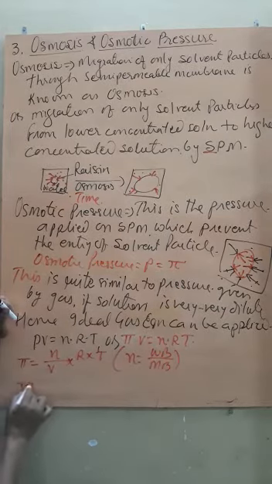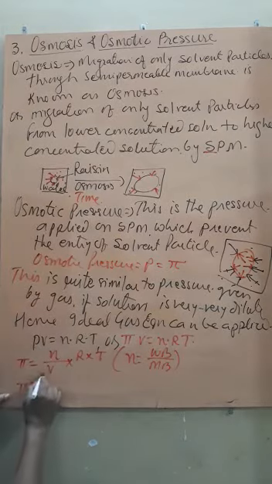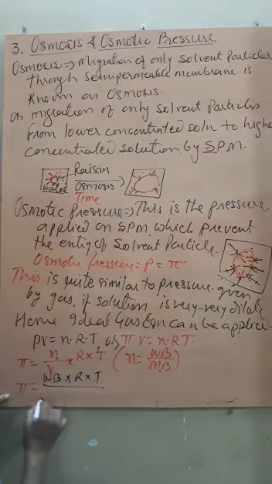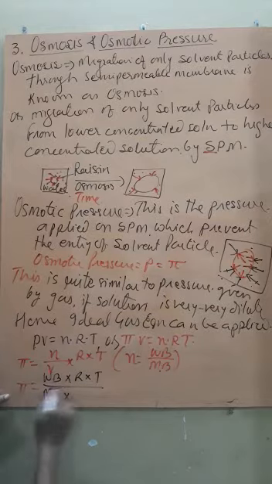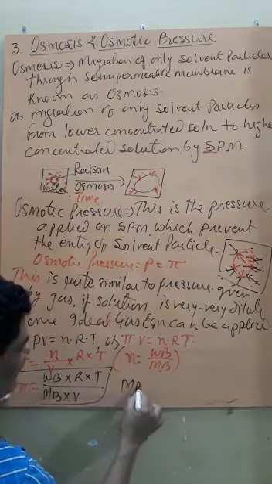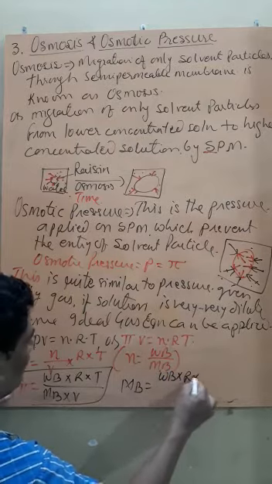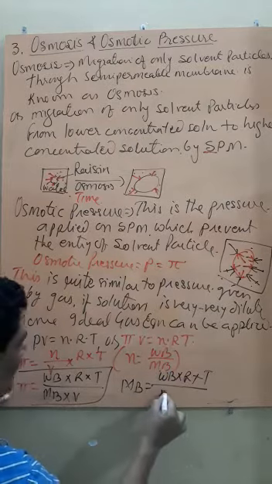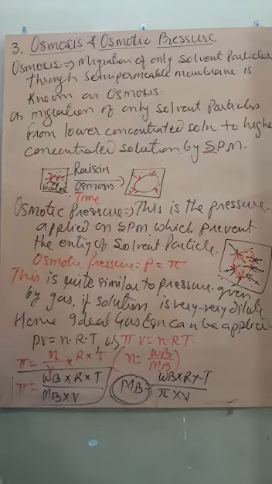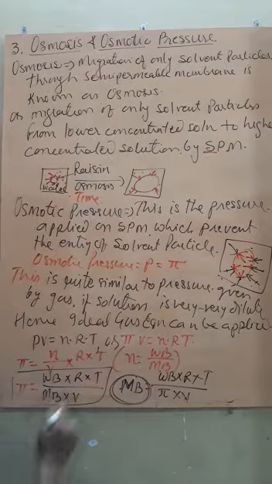So the formula becomes pi is equal to WB into R into T divided by MB into V. Or if you have to find the molar mass of solute, that is MB, then MB will be equal to WB into R into T divided by pi, that is osmotic pressure, multiplied by V. So with the help of this colligative property, you can again find the molar mass of solute. Getting?